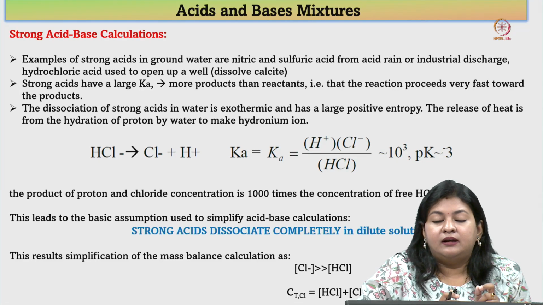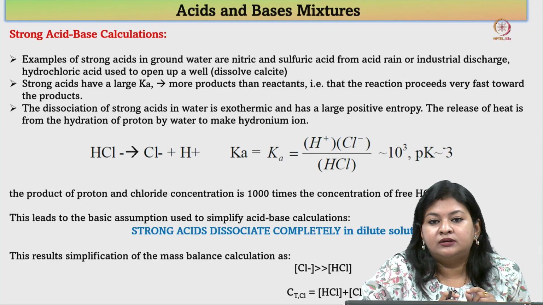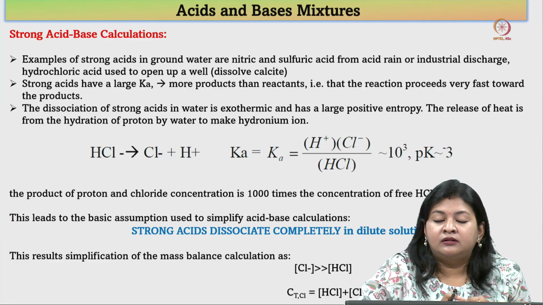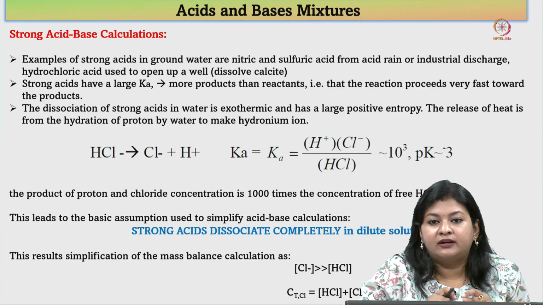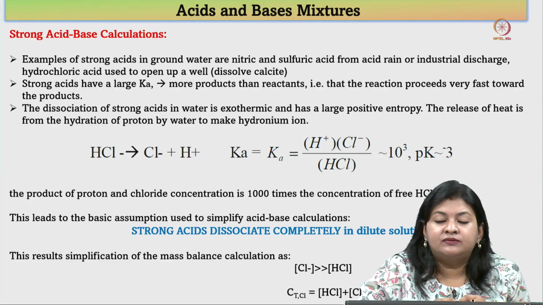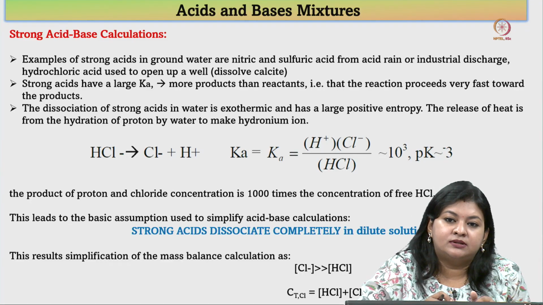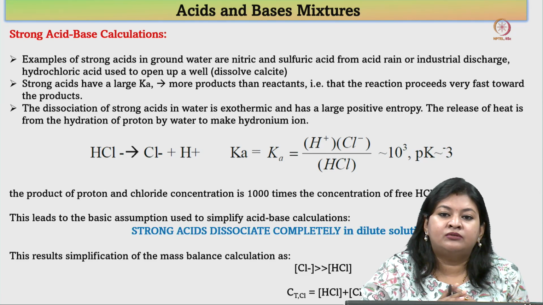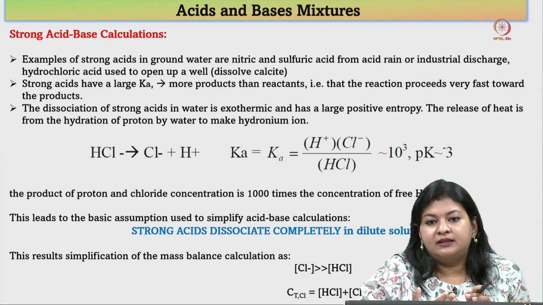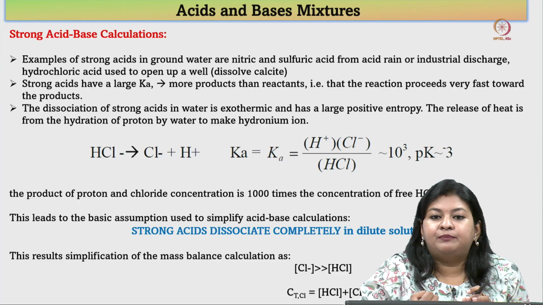HCl is very commonly used in industries and also particularly for well activities. If you are trying to dig a well for extracting groundwater, many times you will see that there are calcite deposits. If there are a lot of carbonate rocks, then at certain times HCl can be used to ease up the digging process.